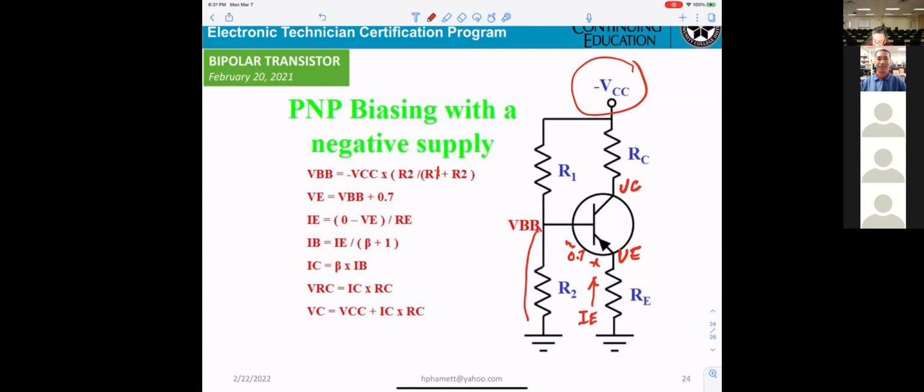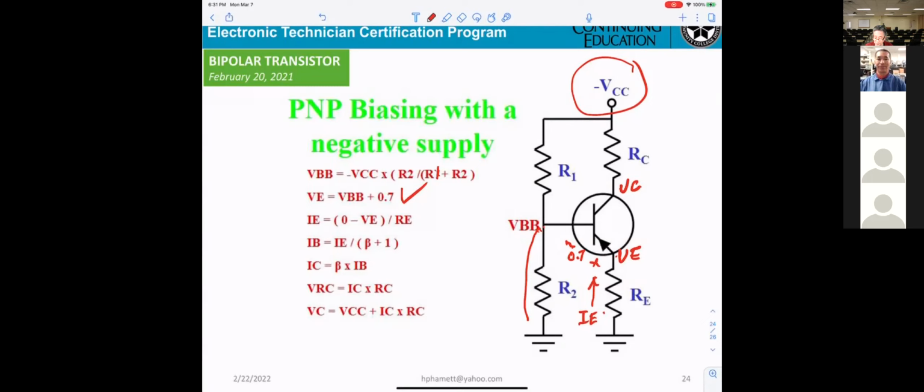And from the emitter, go to here, you get 0.7. From here to the ground. So that's why you get VBB plus 0.7. Now, how come I said IE equals 0 minus VE divided by RE?